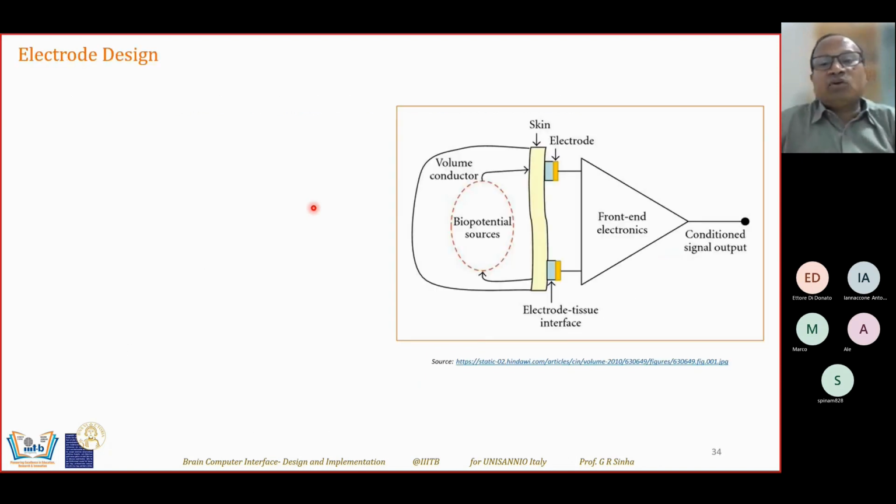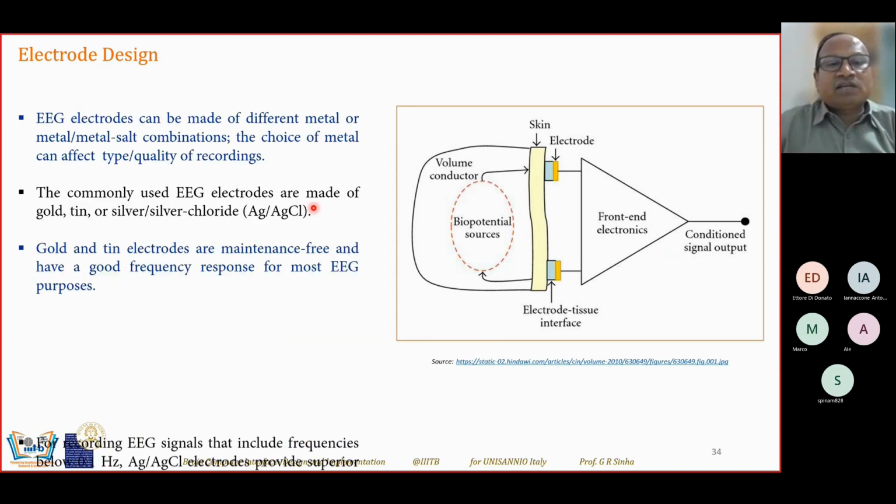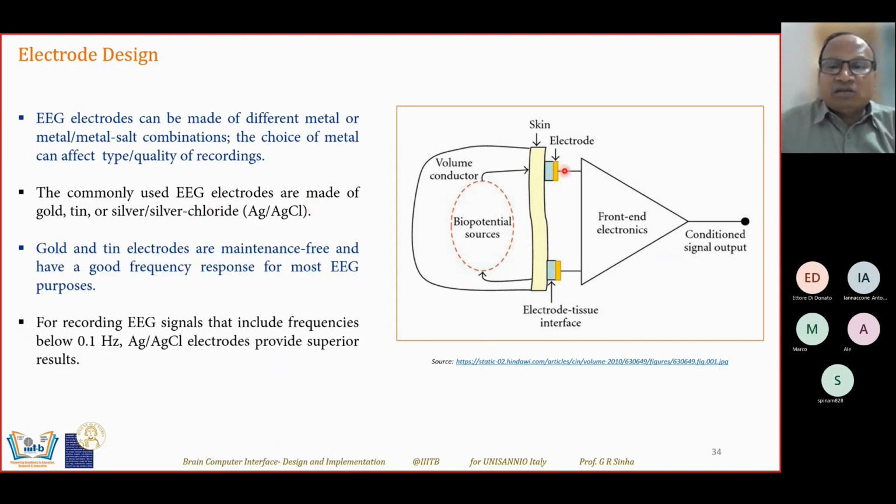So the design of the electrode, if you look at this interesting diagram, you see here, this is the skin, and these are the electrode points which are connected. Sorry, this is the skin of the body, meaning the brain, where the biopotential sources, the neuronal activities, are. So what do we want? We want the conductivity to record the neural activities.